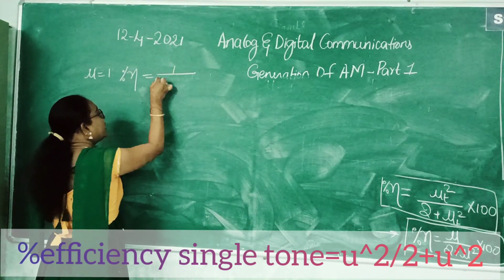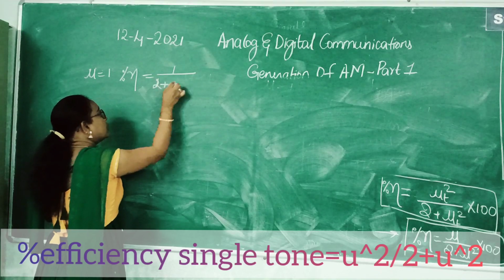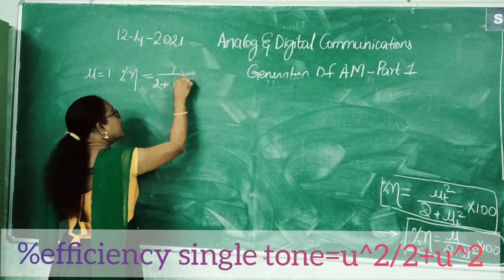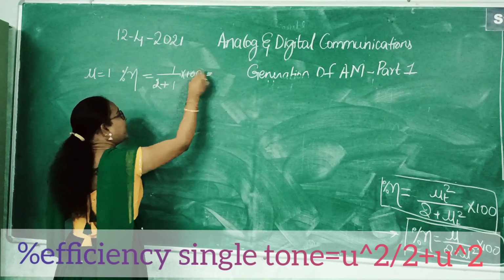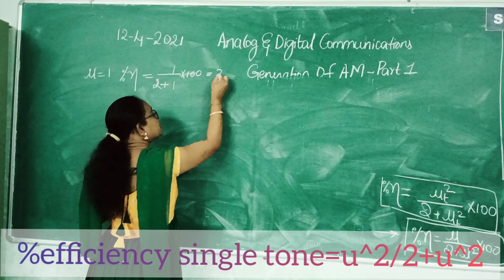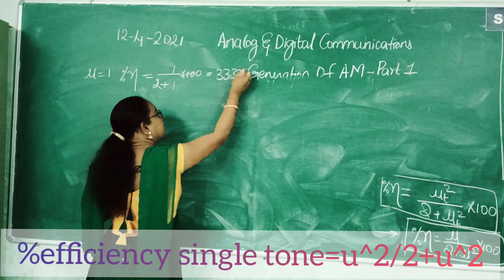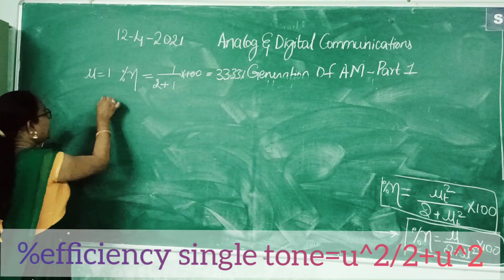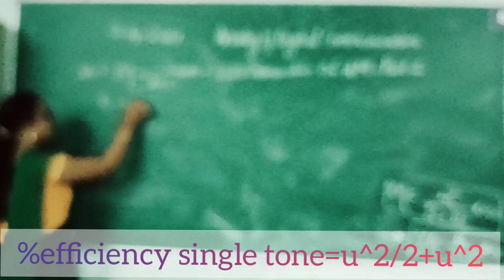So 1 divided by 2 plus 1, into 100. So 1 by 3, that is 0.3333. So the percentage you will get is 33.33%. So total power is 100%.